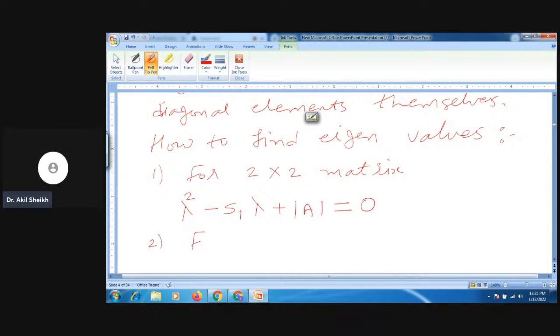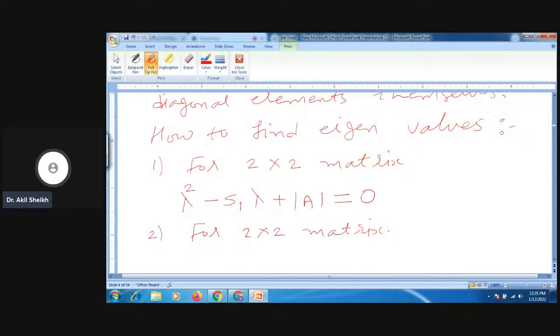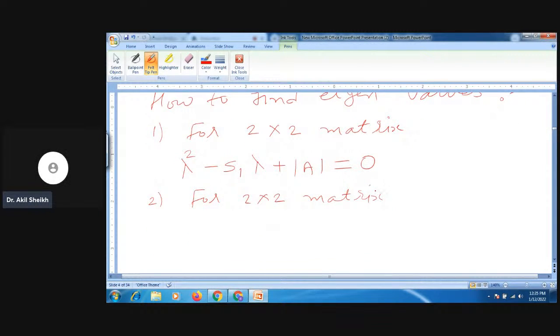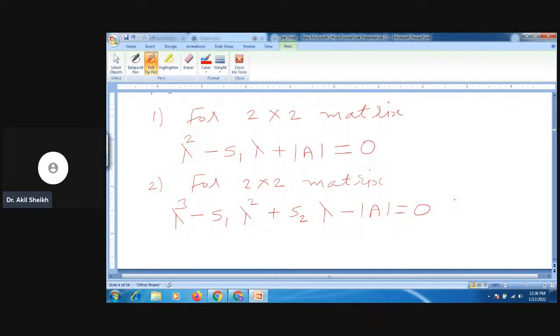Second, for a 3 by 3 matrix, it is lambda cube minus s1 lambda square plus s2 lambda minus determinant of A equals 0. Just note that the signs alternate starting with a positive sign.